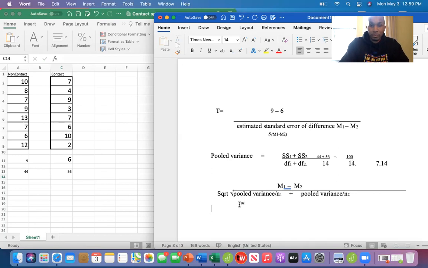So let's move down below. 7.14 divided by N, which is going to be 8 in this case, plus 7.14 divided by 8. We're going to take the square root of this sum.